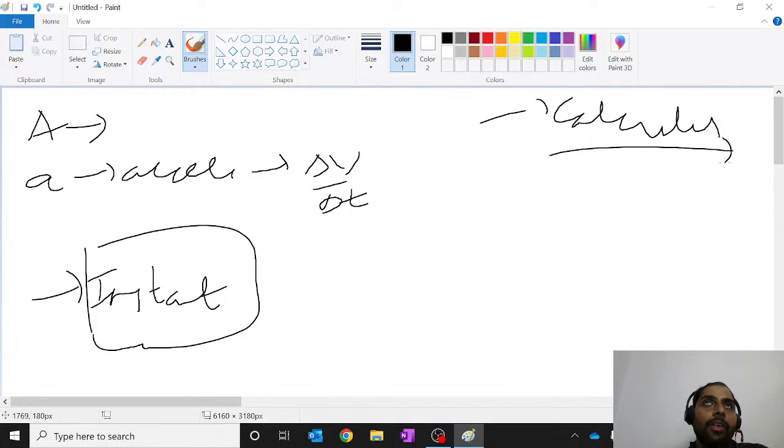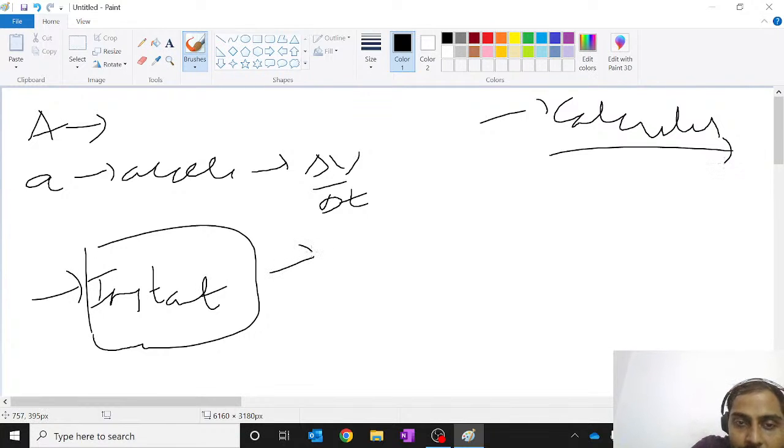Say if you have traveled for 100 seconds or 200 seconds, you are particularly asking about an instant, for example the 15th second or the 30th second, where you want to know the velocity of that particular instant.